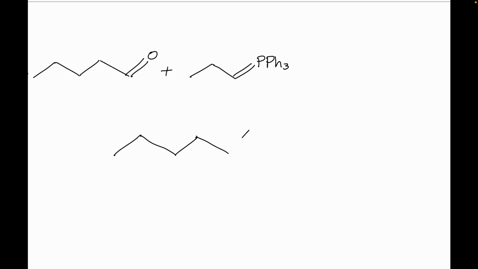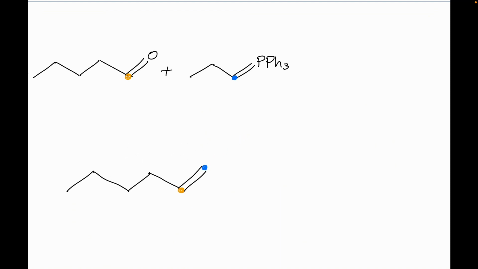I'm going to draw that double bond in. But now my new bond is between what used to be that carbonyl carbon, which is the site of a lot of our reactions, right? And my new bond will be the carbon at the base of that PPh3 of my Wittig.